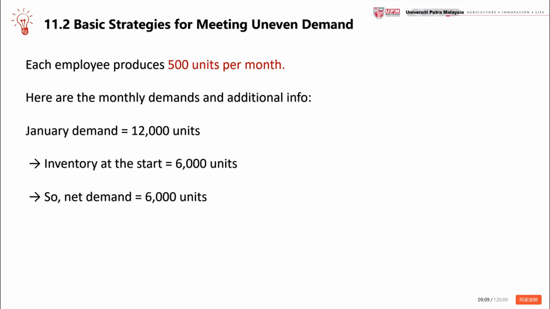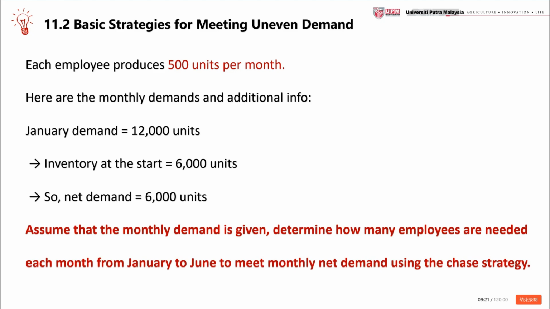So we can calculate the net demand equals January demand minus the inventory at the start equals 6,000 units. The question is, assume that the monthly demand is given. Determine how many employees are needed each month from January to June to meet monthly net demand using the chase strategy.